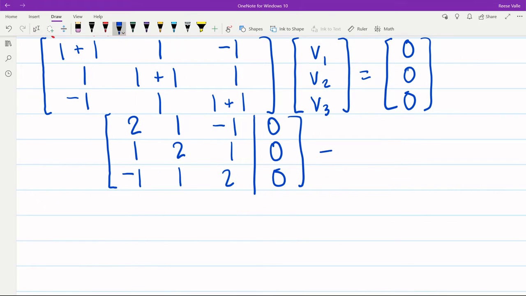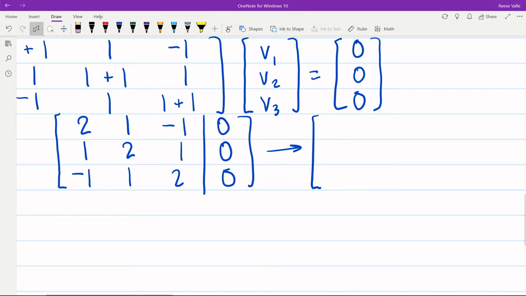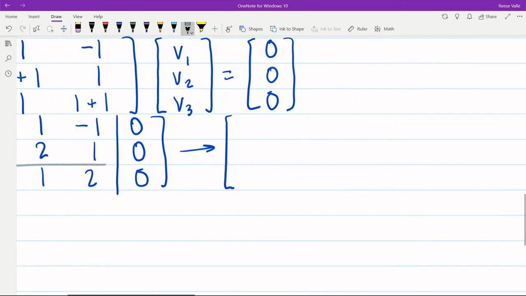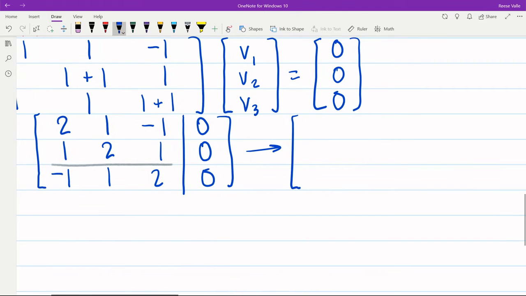And so you're going to just do reduced row echelon form. I'm going to put the second row at the top, just because that's just what I'm going to do.